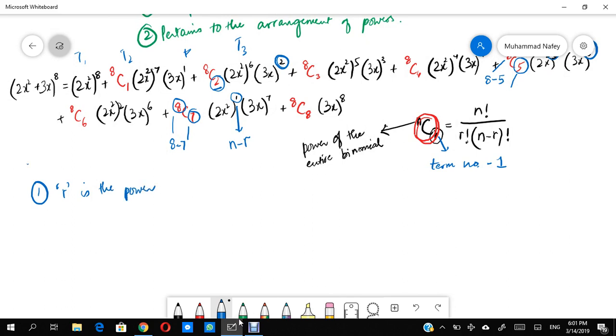Alright, I'll just write this down in a different way. I'd like that you copy this down with yourselves. In every term in the expansion of a binomial, comma, number one, r is the power of the second component of the binomial.